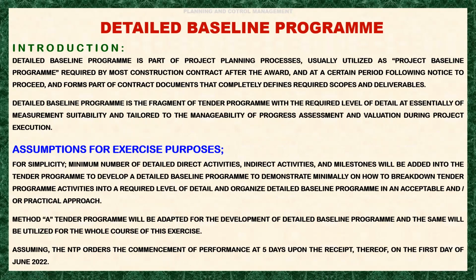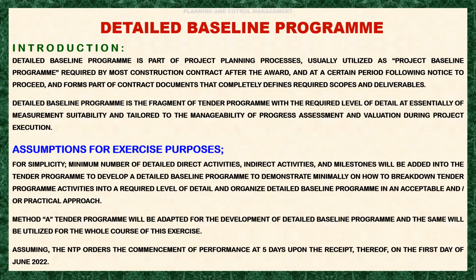So as mentioned, we will be adapting and utilizing the tender program method A to develop our detailed baseline program. Our first step here is to prepare a draft on how to organize our detailed baseline program.